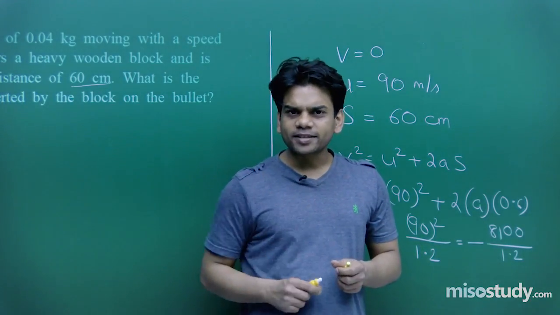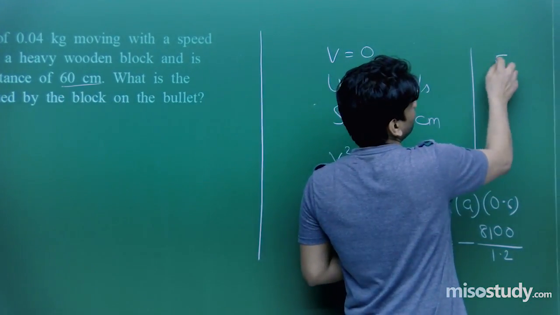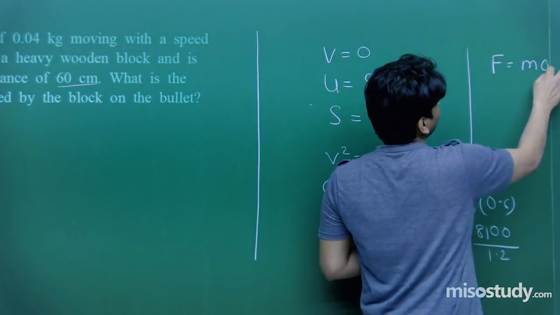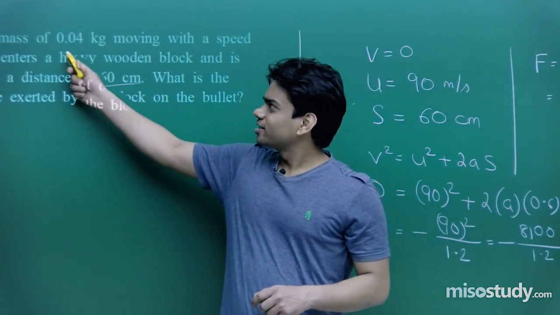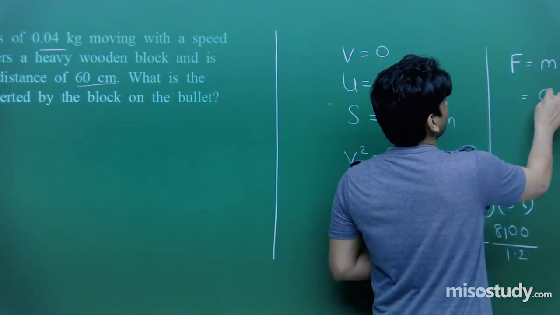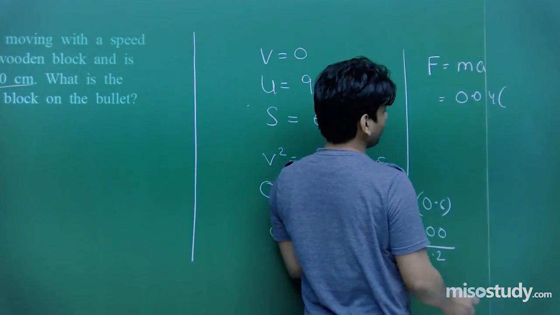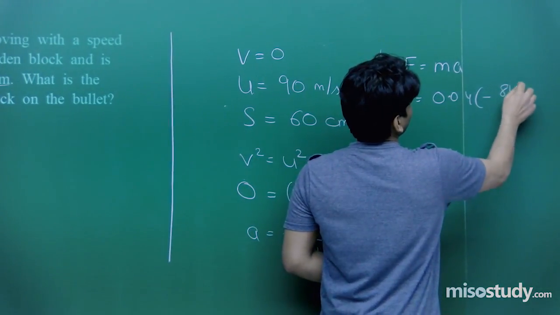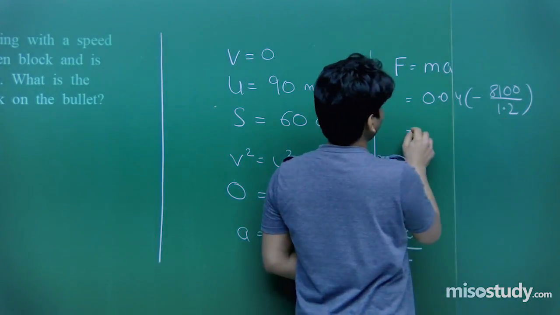Now the force exerted by the wooden block. The force exerted by the wooden block is simply mass into acceleration. Mass is given as 0.04 kg. So 0.04 multiplied with 8100 divided by 1.2, and it's negative. You can easily evaluate this.